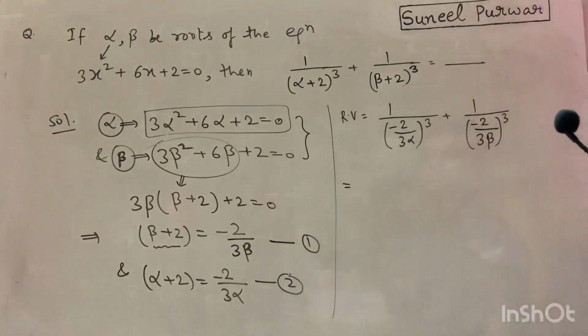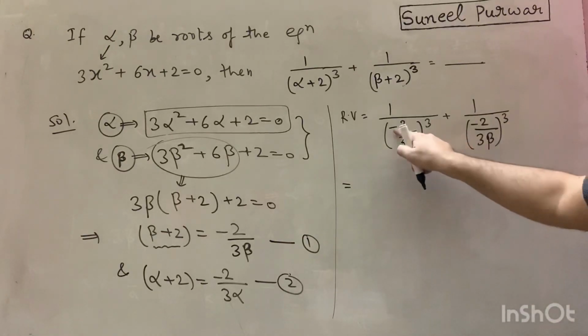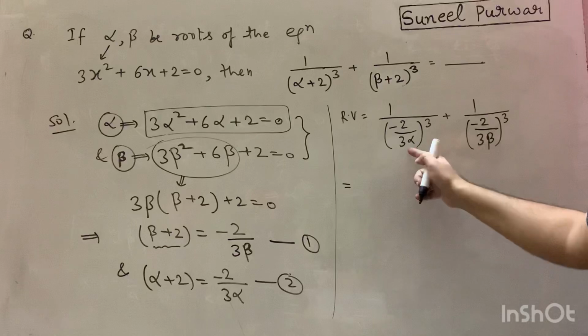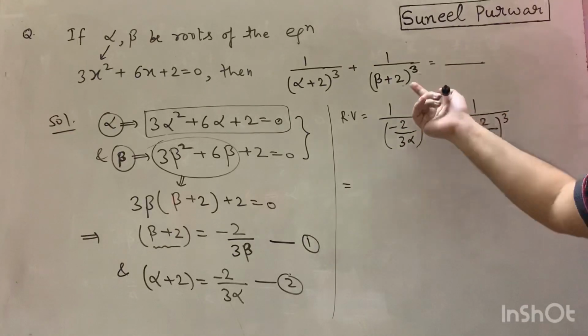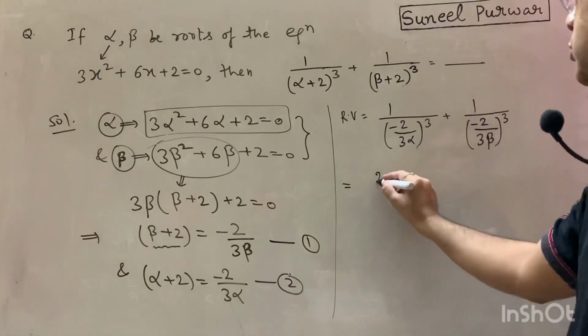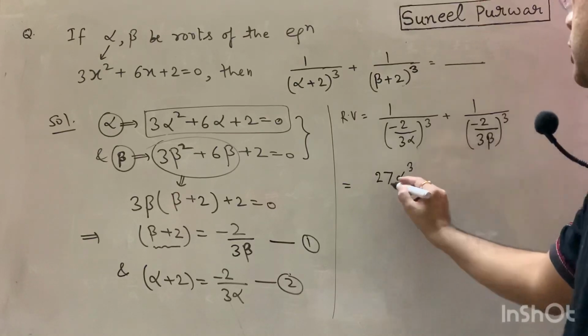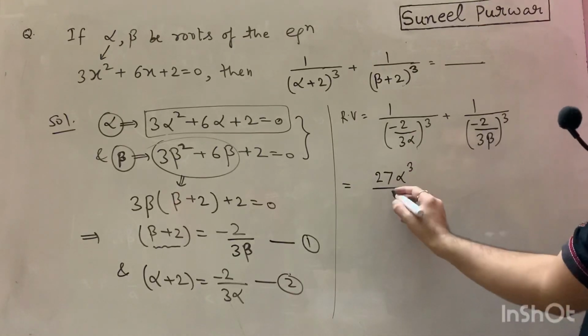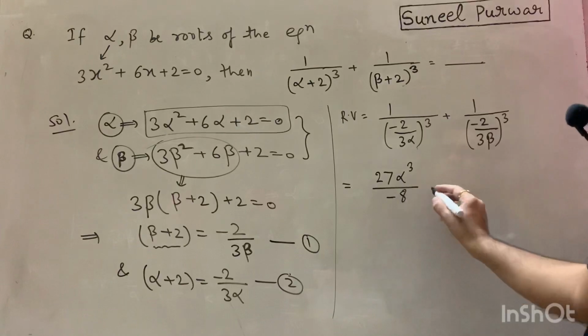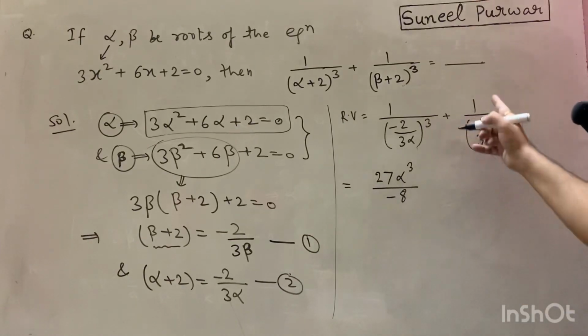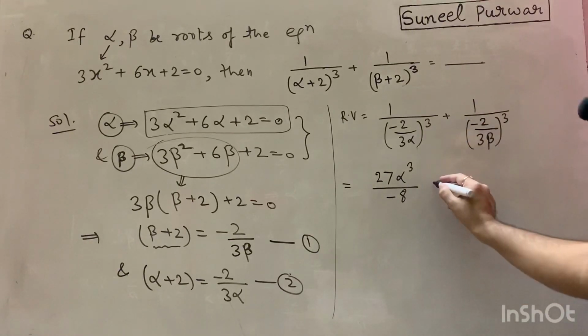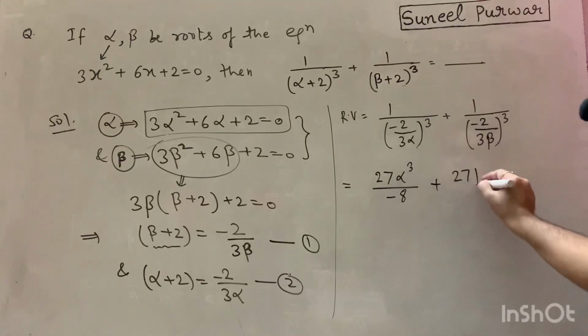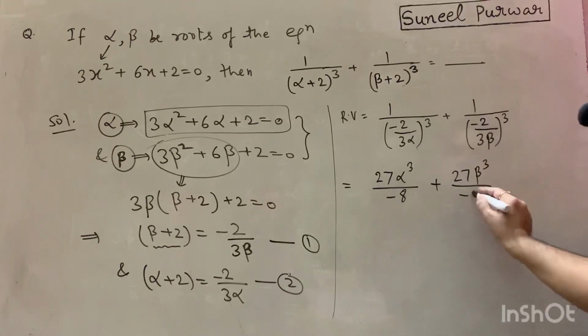On cubing this will give you minus 8 upon 27 alpha cube, so it goes up as 27 alpha cube upon minus 8, and 27 beta cube upon minus 8.